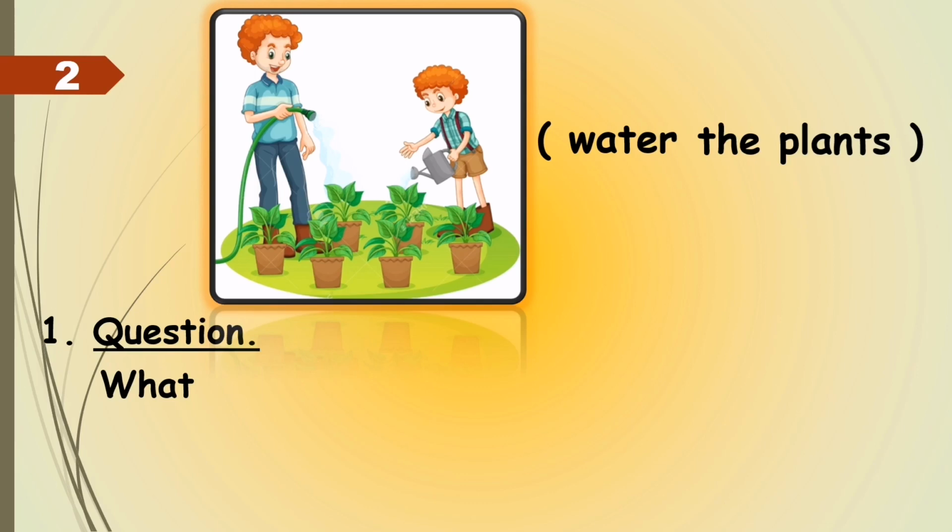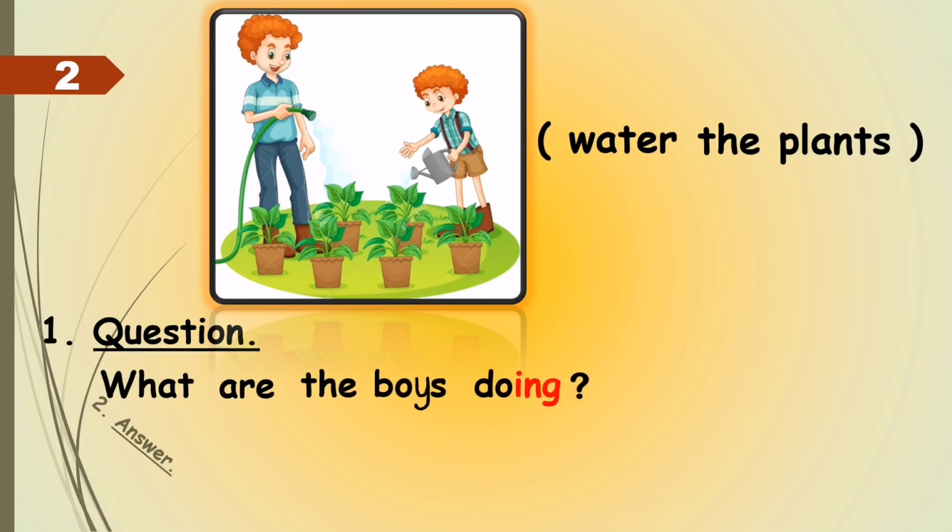So, the subject is plural. The verb to be for plural subject is are. And the plural subject, for example, the boys. And the verb with ing, doing. And don't forget the question mark. What are the boys doing?